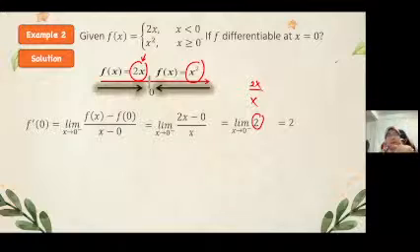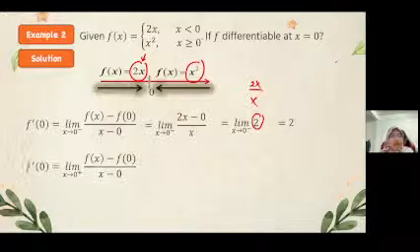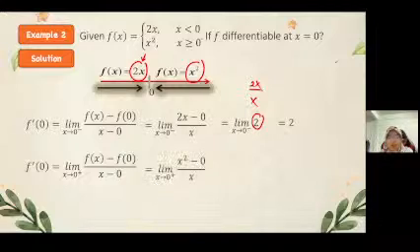Okay, so now I have to test from the right hand side and check whether we have the same value or not. So f prime of 0, this time, is the limit for x approaches 0 from the right hand side, not from the left, but from the right hand side, of f(x) minus f(0) over x minus 0. The function on the right hand side is x squared.